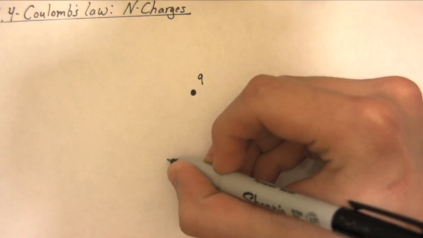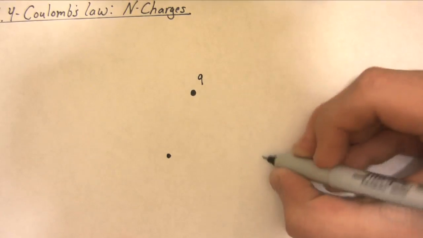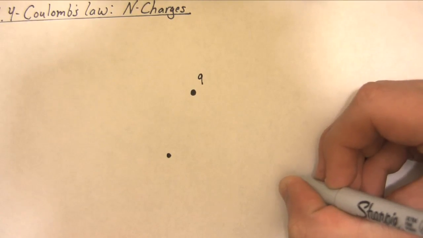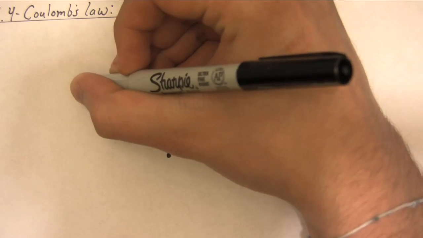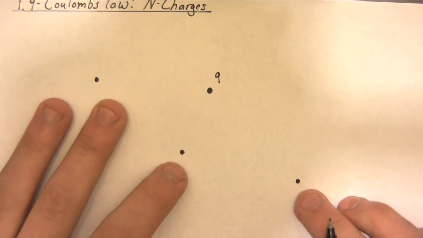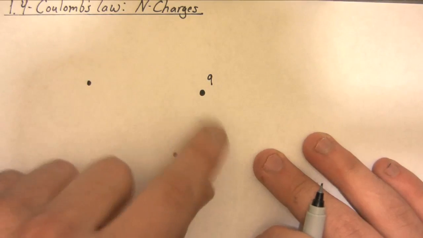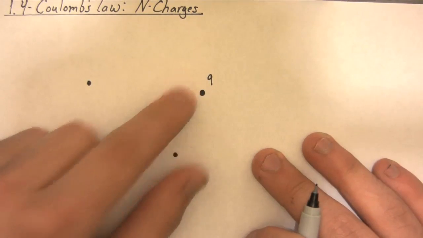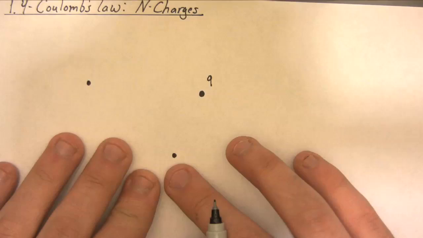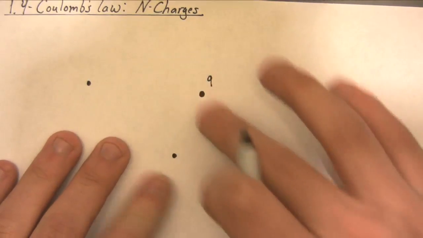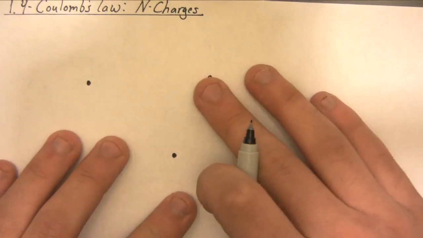Let's just list some points somewhere. Let's consider these other dots as different charges that are placed some distance from this little charge q. We want to know the combined force they're all putting on q.